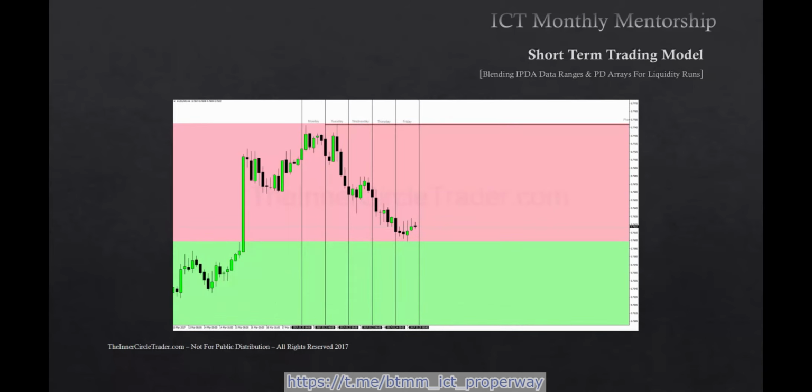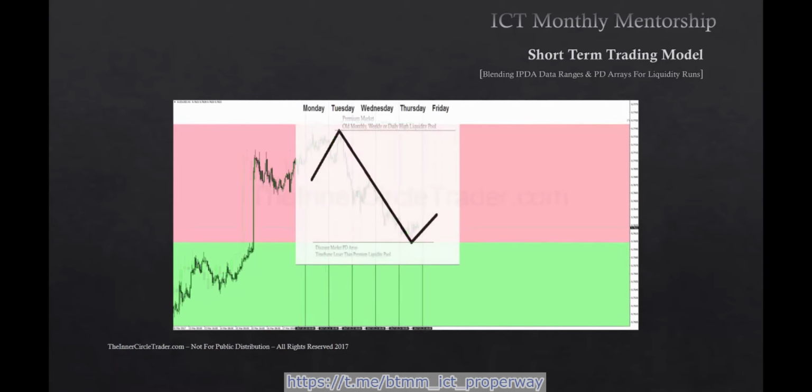If we further refine this into the days of the week on a 4-hour chart, you can see how this clearly came down and closed in the liquidity void right to the pip. If we add our market maker manipulation template, forming the high of the week on Tuesday, trading at an old monthly, weekly, and or daily high liquidity pool, that's what we saw on Tuesday.